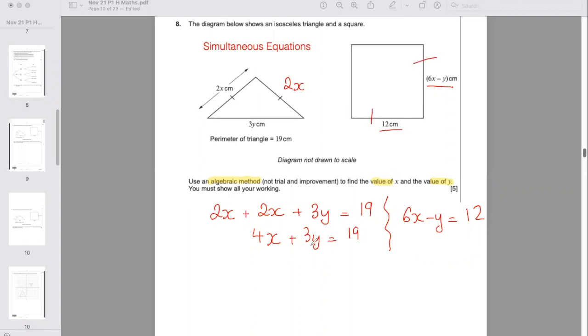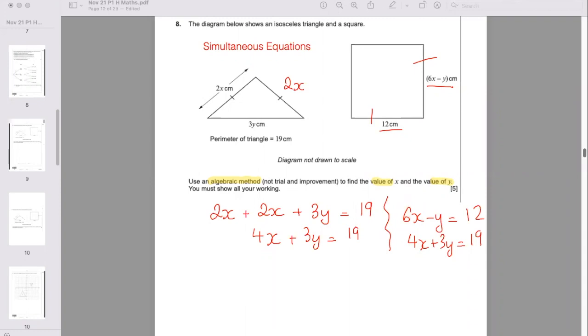Now you see you're going to have two equations. So what I'm going to do is write it down underneath here, which is 4x plus 3y equals 19. And you want them to have exactly the same coefficients of either the x variable or the y variable. Looking at this, if you go for x, you're looking at the lowest common multiple of both 6 and 4.